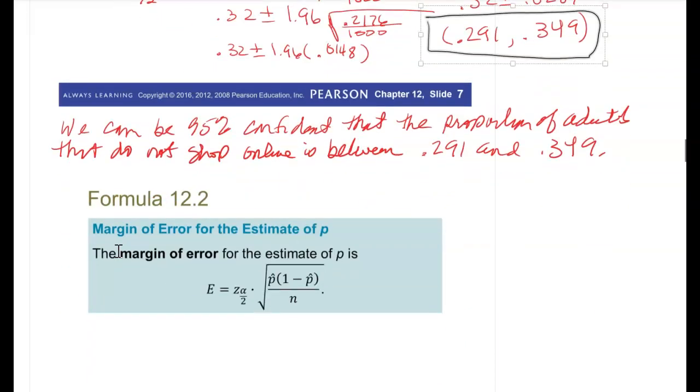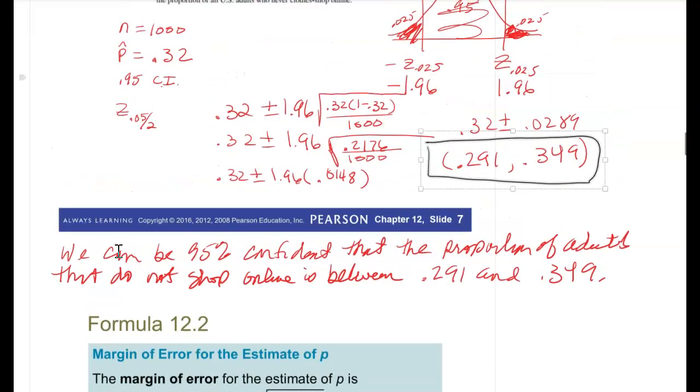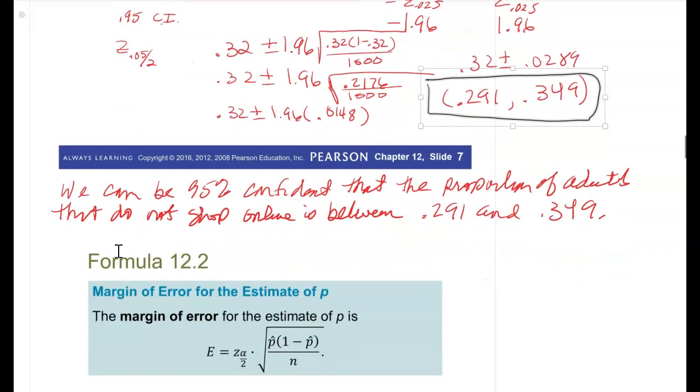Okay, so let's move on and continue with this video with a couple other things. The idea of margin of error is exactly the same. Our margin of error is, of course, that part of the formula that's after the plus and minus. So the z of alpha over 2 times the square root of the sample proportion times 1 minus the sample proportion over n is this part of our formula, as it's always been.